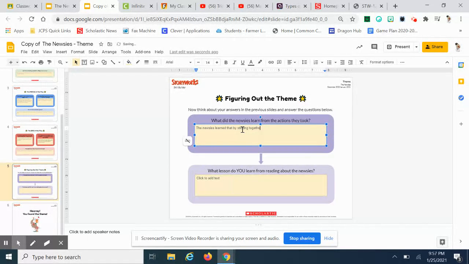So y'all may have heard power in numbers or that saying. That's what that means. So the more people you have that agree with your opinion and can stand up for what they think is right, the more power that you have.